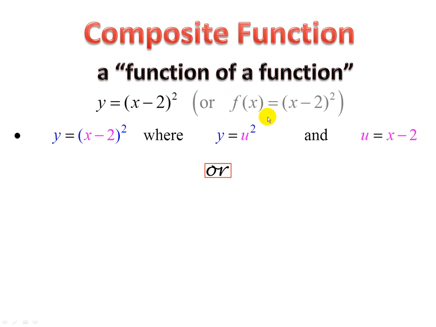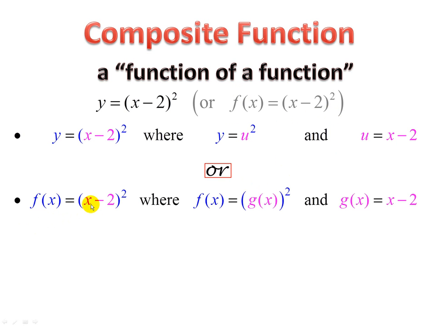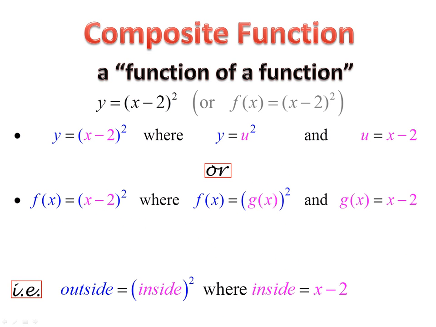We would have f of x equals (x minus 2) all squared, where f of x equals g of x all squared, and g of x equals x minus 2. Match the colors. And outside equals inside squared, where inside equals x minus 2. There's the outside, something squared, and the inside is x minus 2.